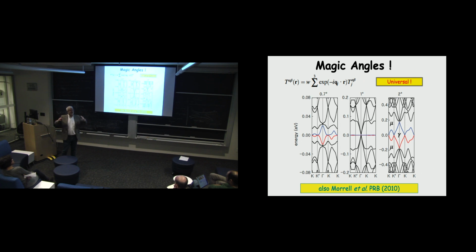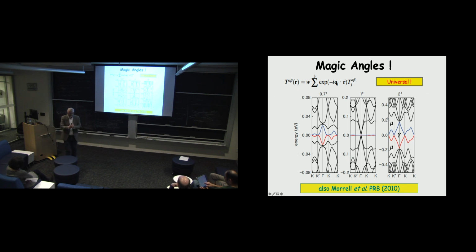And there are states out to infinite energy relative to zero energy in both layers. So what happens is the level repulsion effect tends to take these states in the middle, near zero energy, and squash them down to zero energy.